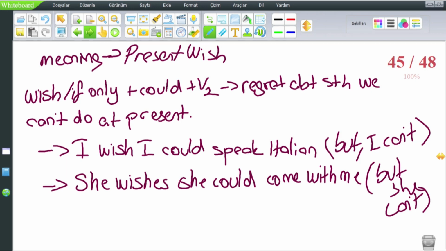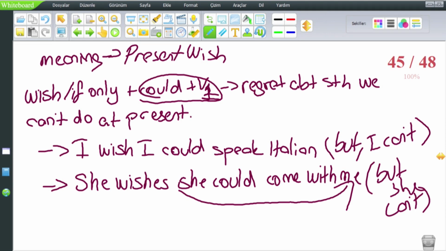Then we talked about when we regret something we can't do at present. And we use could verb 1. I wish I could speak Italian. It means that I can't. I'm not capable of speaking Italian. She wishes she could come with me, but she is not able to do that.